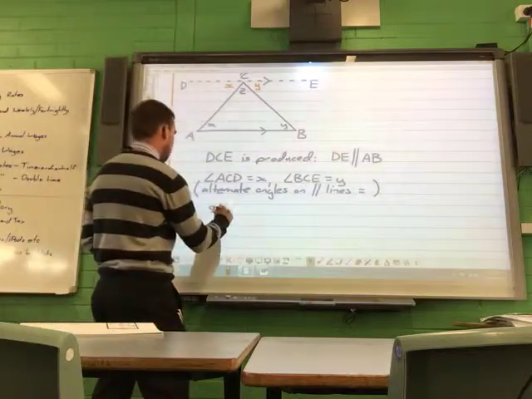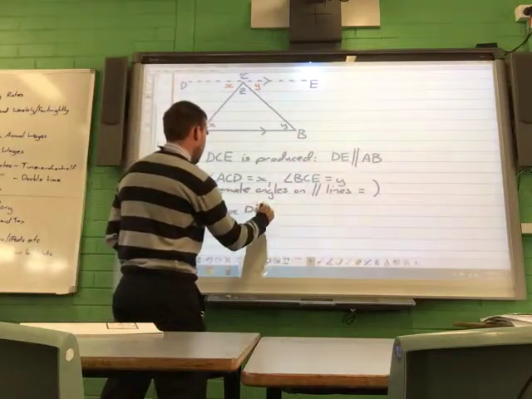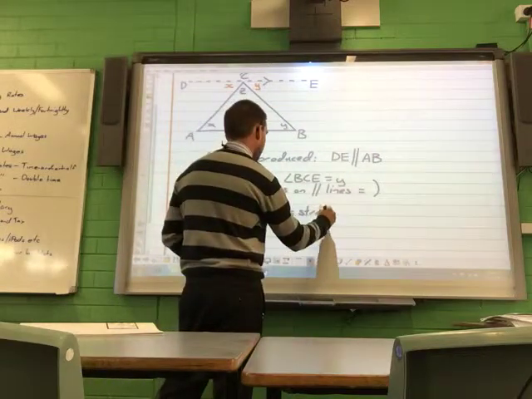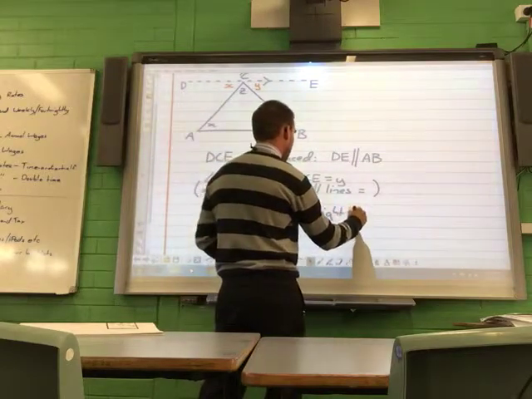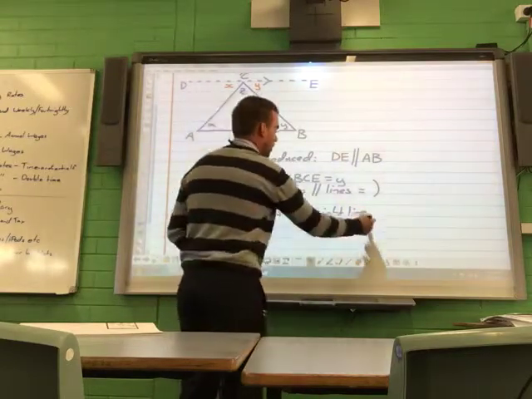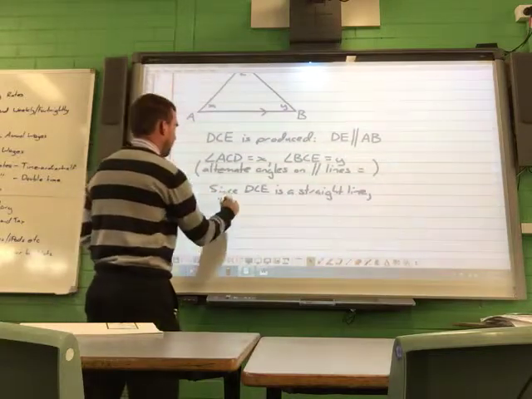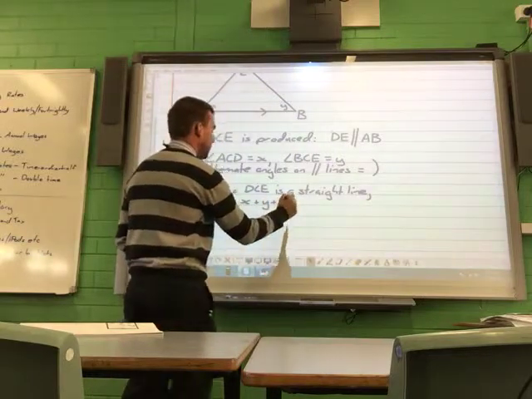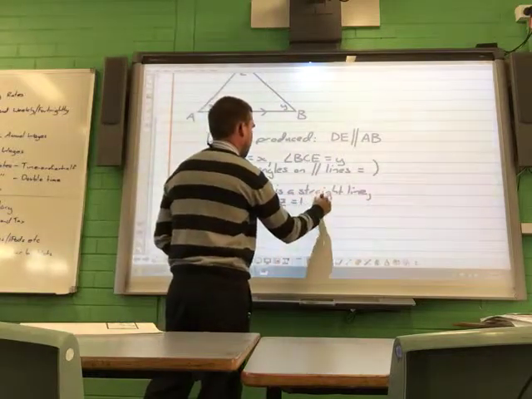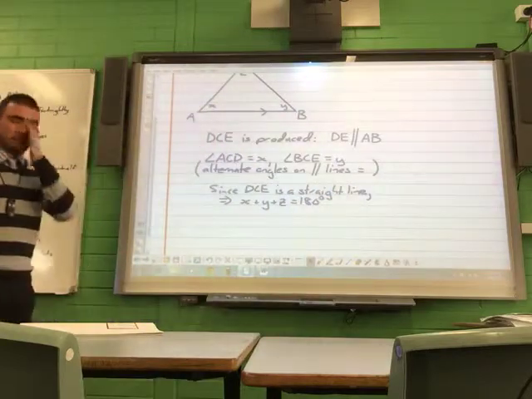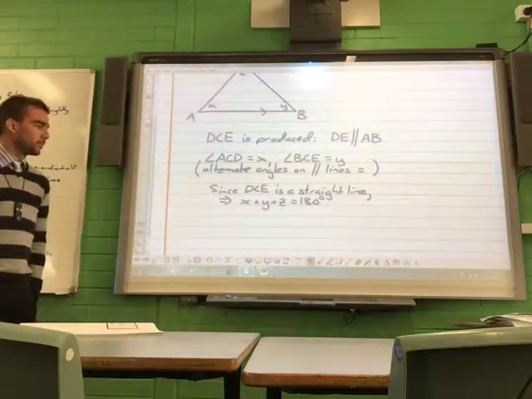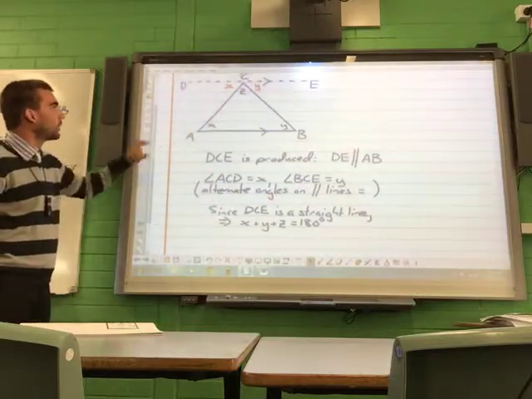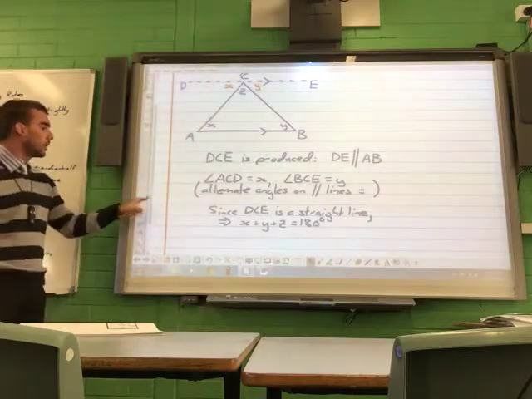Right, so since DCE is a straight line, that must imply that the angle X plus the angle Y plus the angle Z must equal 180 degrees. I've already made that the straight line, so the three angles that get formed up there must equal 180 degrees.